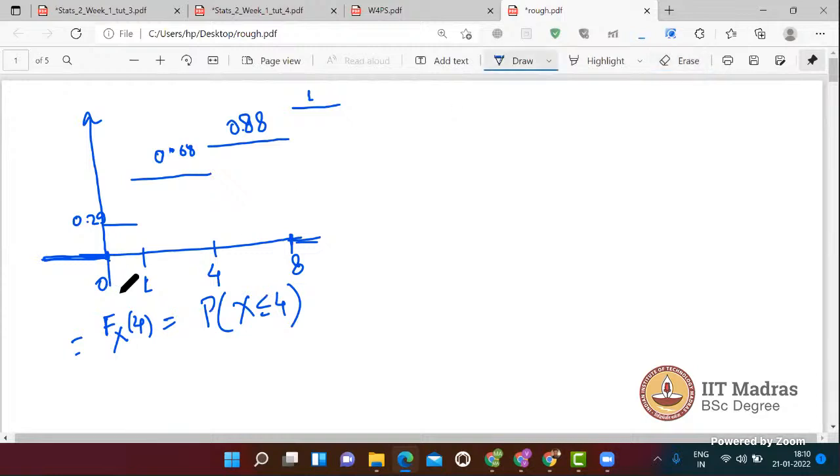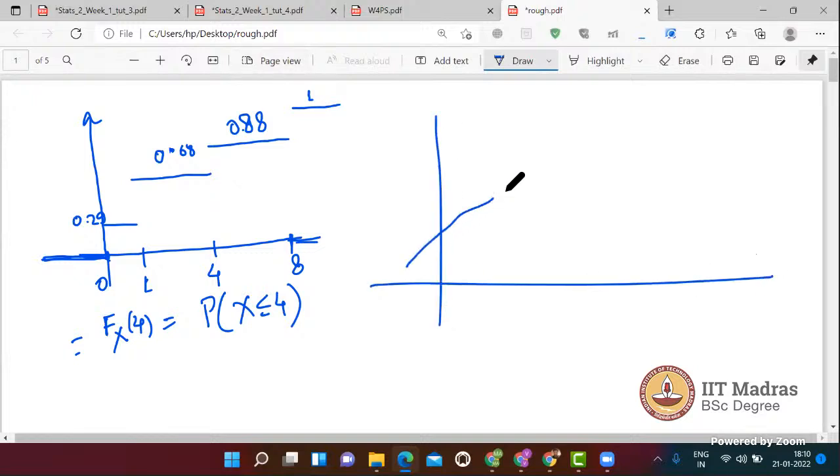For each of the values we can define the probability. For x equal to 4, the probability is 0.88 minus 0.68, that is 0.2, right? But if you have a continuous form of CDF, it has been defined for all values, so you can't define it for a single particular value x.